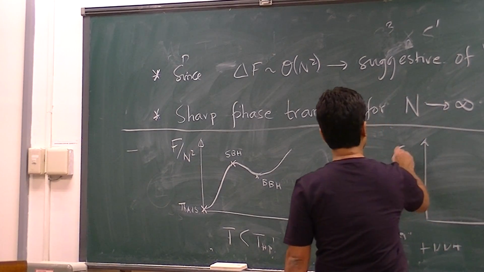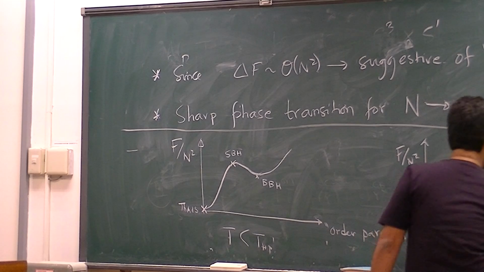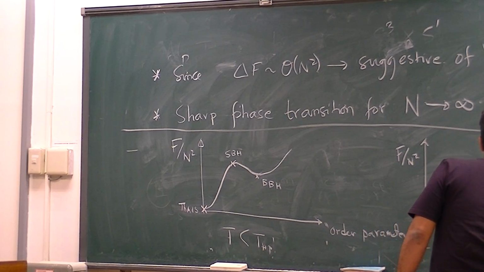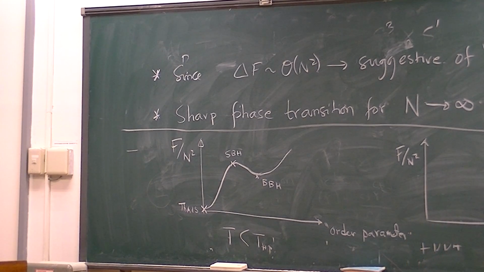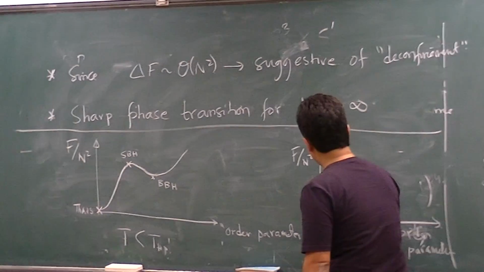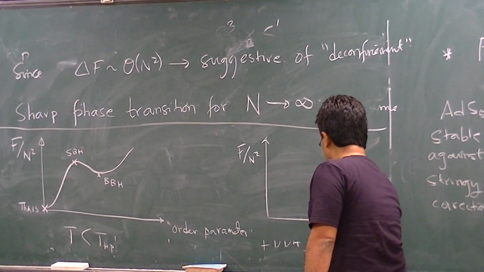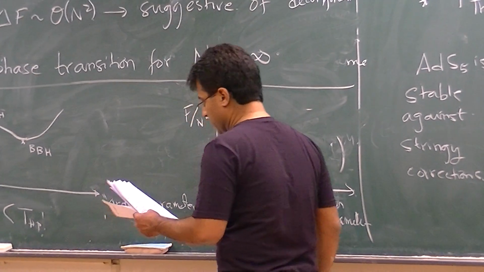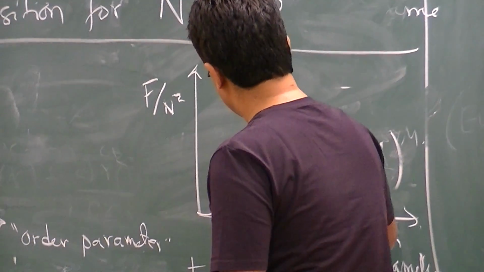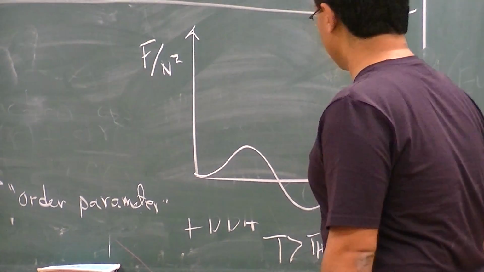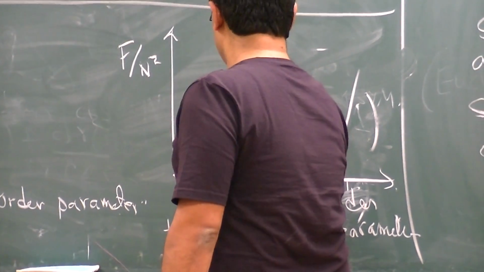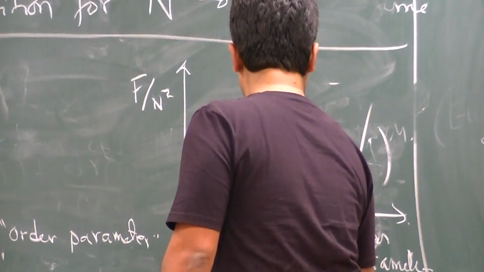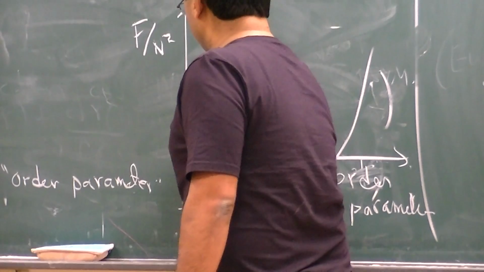So if you did the same thing, the free energy over N squared versus an order parameter, then at high temperatures, T greater than T Hawking-Page, what you will find is something like that: small black hole, big black hole, thermal AdS.